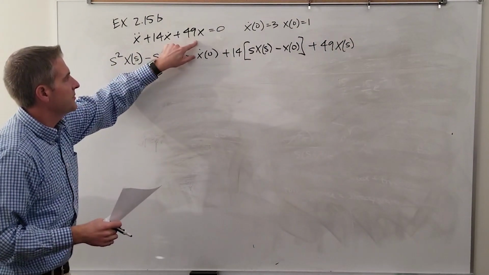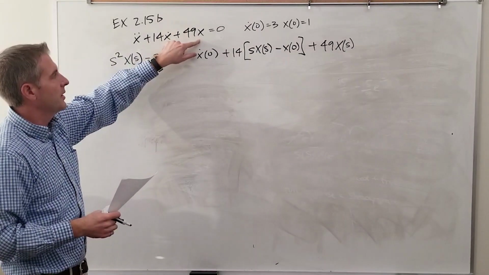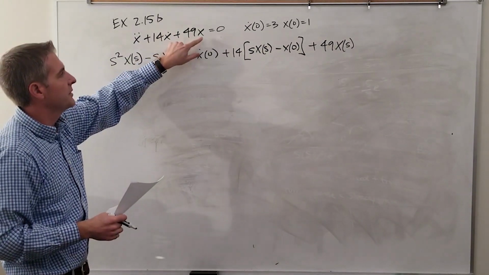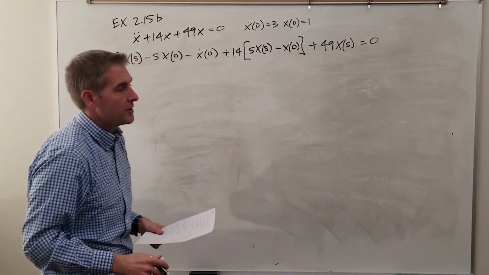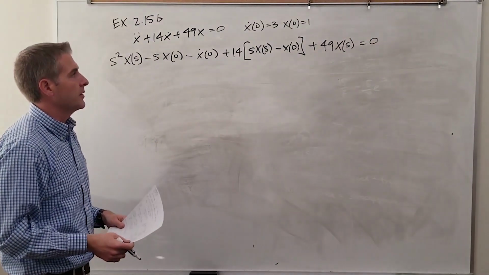And of course, this last one is nothing more than 49 times the Laplace transform of x. The right-hand side will also be 0, or 0 over s, which is also equivalent to 0.